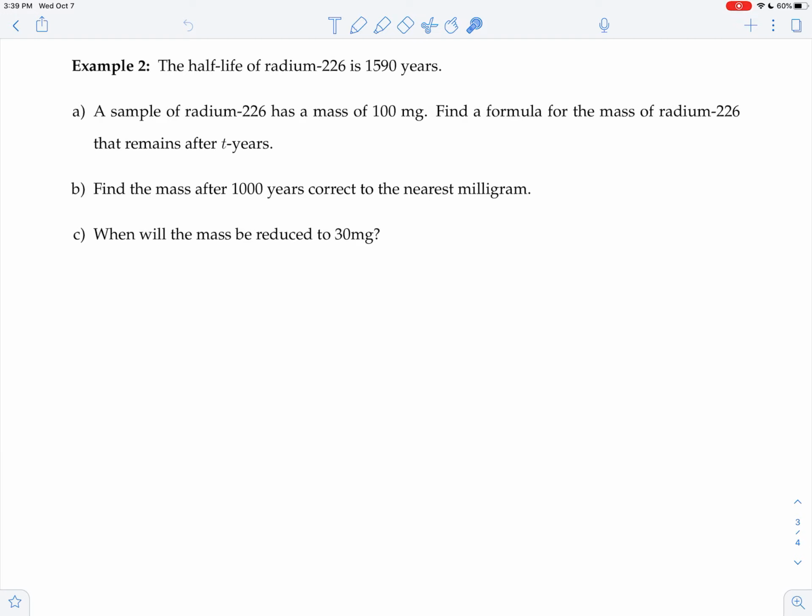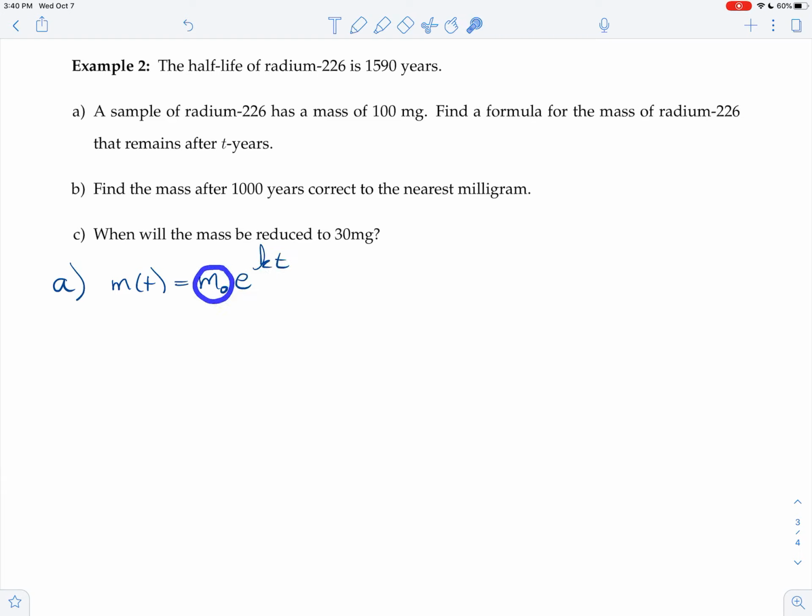So we're starting with 100 milligrams of this radium-226. And it says find a formula for the mass that remains after t years. In part A, we know right away that m of t, our formula, is going to be m naught e to the kt. And we're actually told what m naught is.